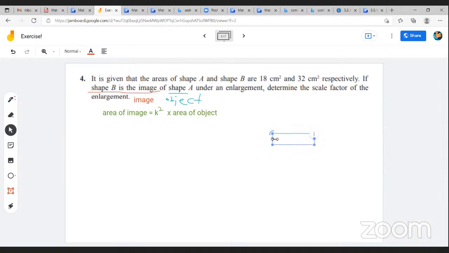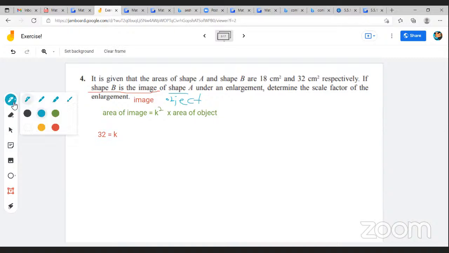So from here, we can write that the area of image, which is shape B, is 32 cm squared. And the scale factor is K. Well, the scale factor we don't know, so I put K squared because I still don't know yet.